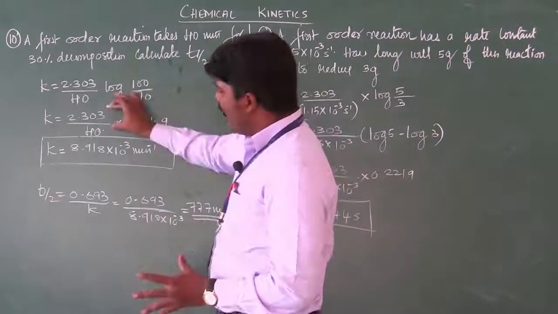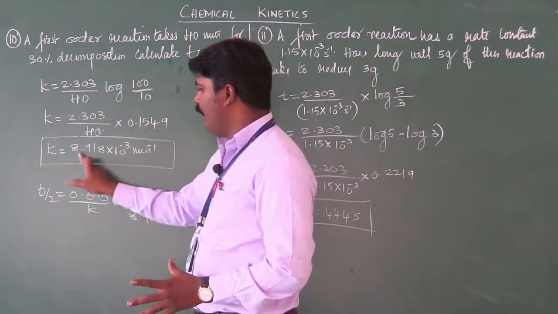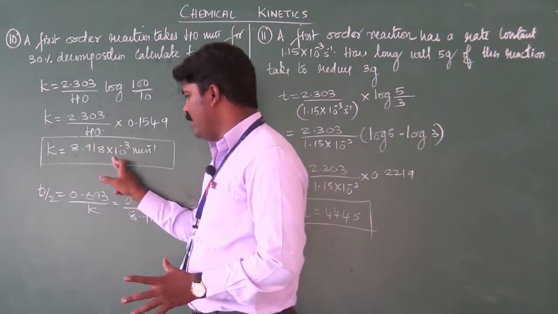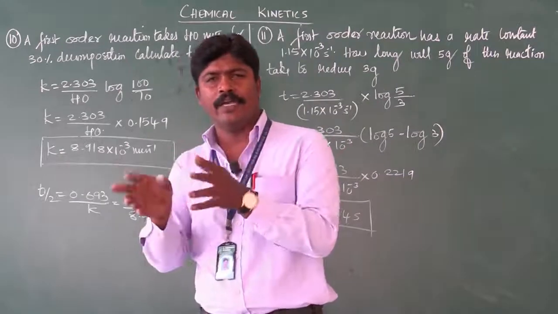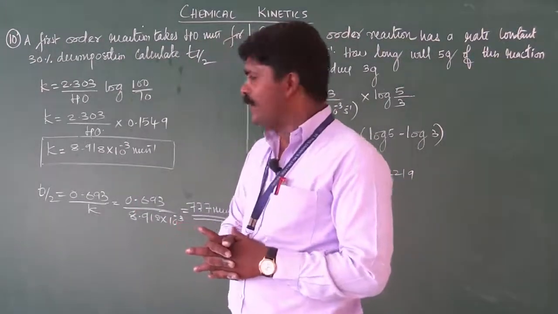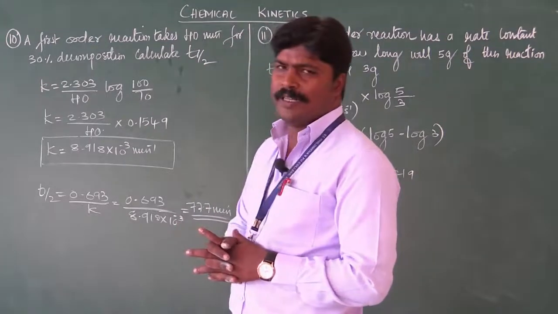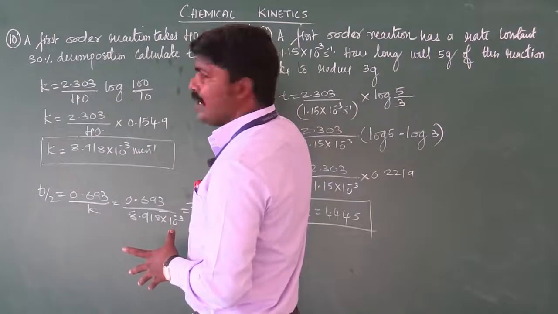Further, divide and multiply by 0.1549, you will get the value 8.918 × 10 to the power of minus 3 per minute. You will get a value 0.008. So standardize the value and retain it in standard form, that is 8.918 × 10 to the power of minus 3 per minute. Now I can find T half. That's what I'm trying to find here.